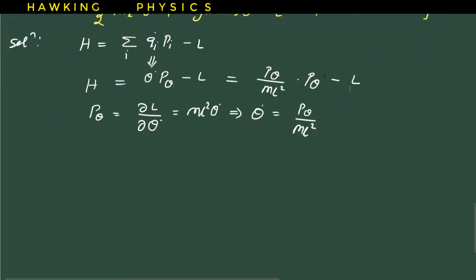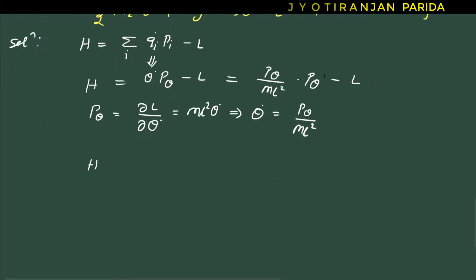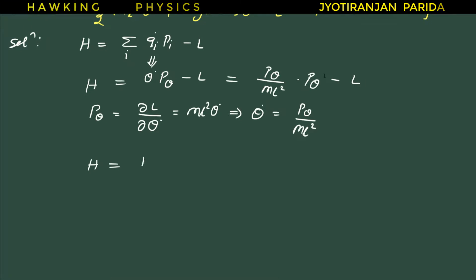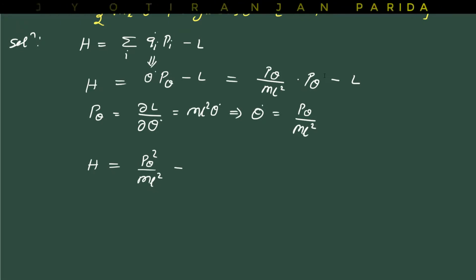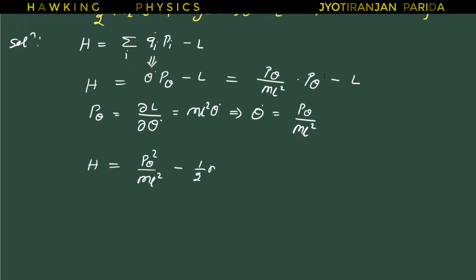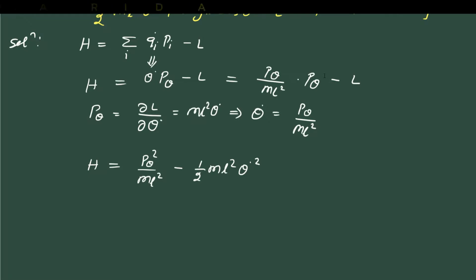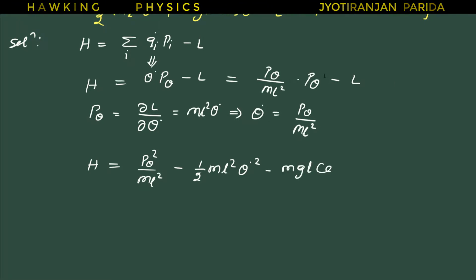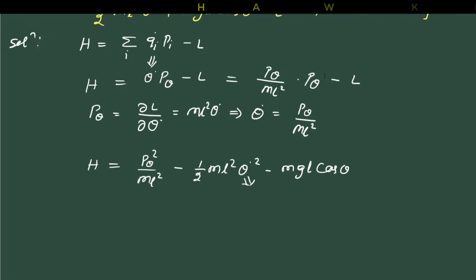Just see. Here you can get H is equal to p theta square by m l square minus, in place of L, just write down what we have, half m l square theta dot square plus mgl cos theta. Here also in place of theta dot we can write p theta by m l square.